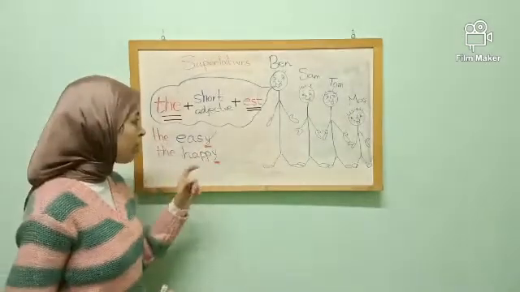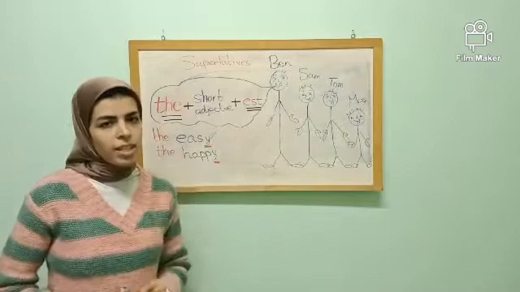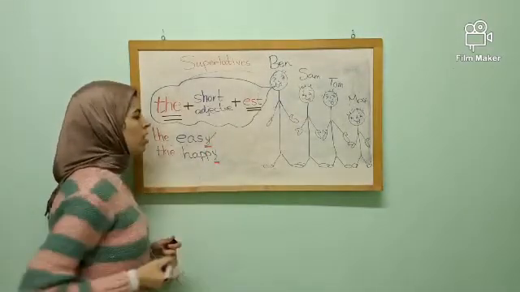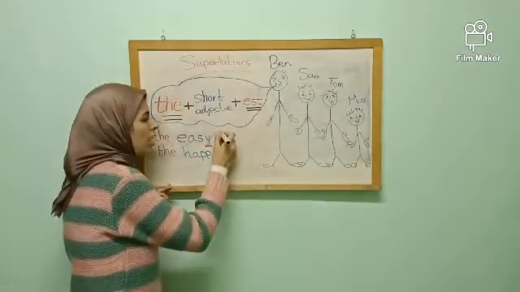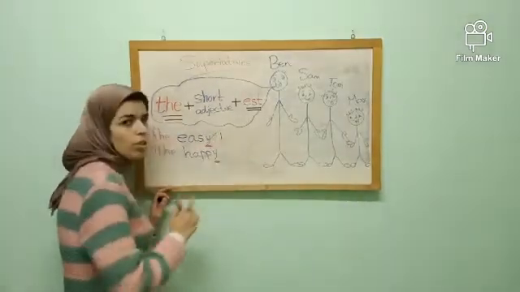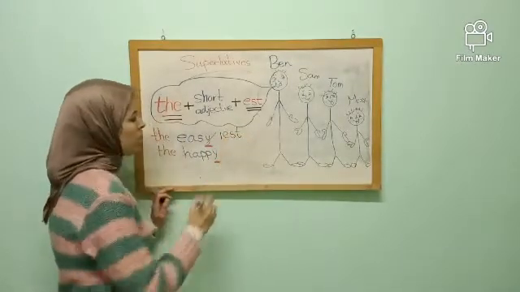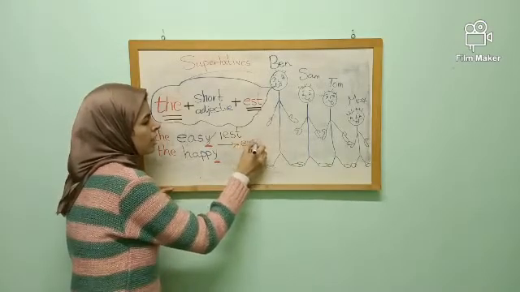So, before we add our est, we need to do a step first. We need to cross the Y here, and you're gonna add I, and then put your est. So, easy becomes the easiest.